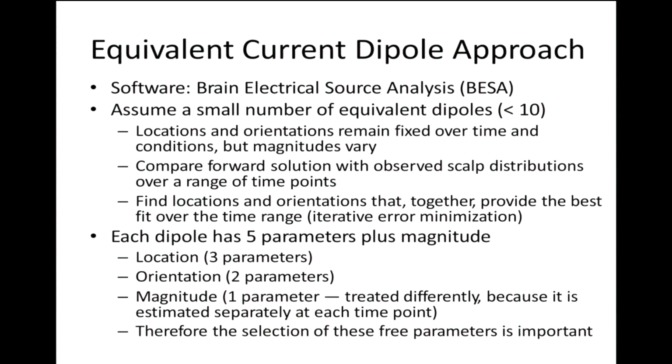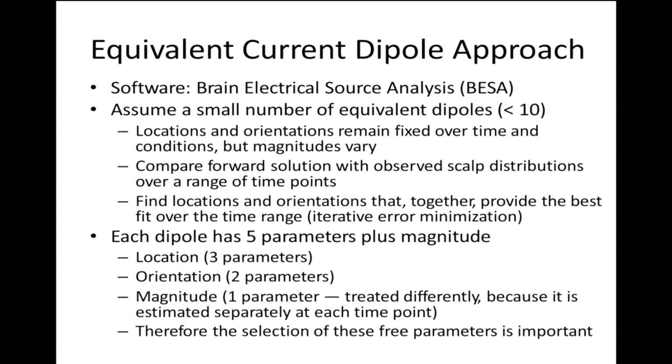Nevertheless, each dipole has 5 parameters plus the magnitude, which you assume afterwards: the location has 3 parameters, the orientation 2 parameters, and then the magnitude 1 parameter. The important point is that you have to first tell your model all these parameters. So there is a lot of subjective decision you have to make.